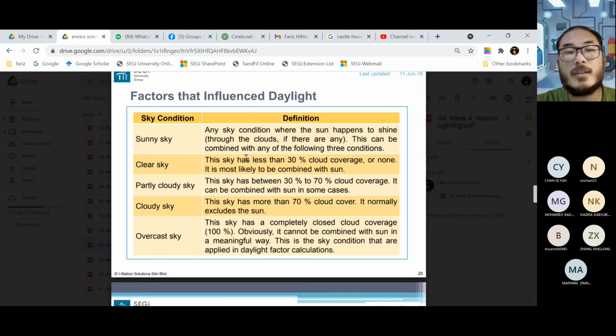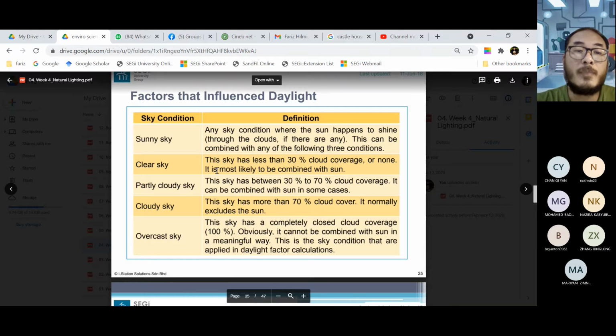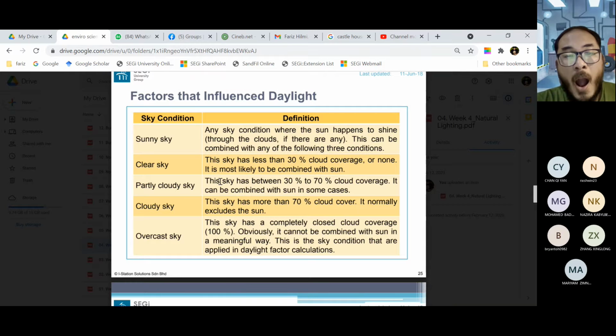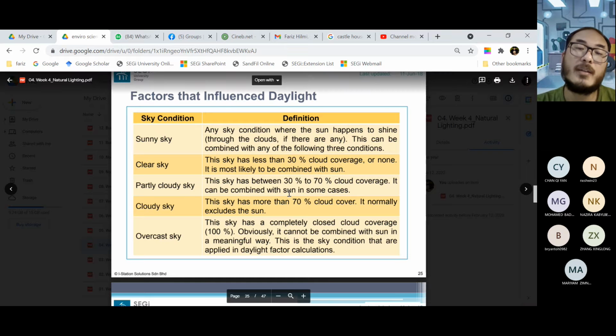Clear sky is with 30% or less cloud coverage. Partly cloudy is between 30% to 70% cloud coverage. It can be combined with sun in some cases.